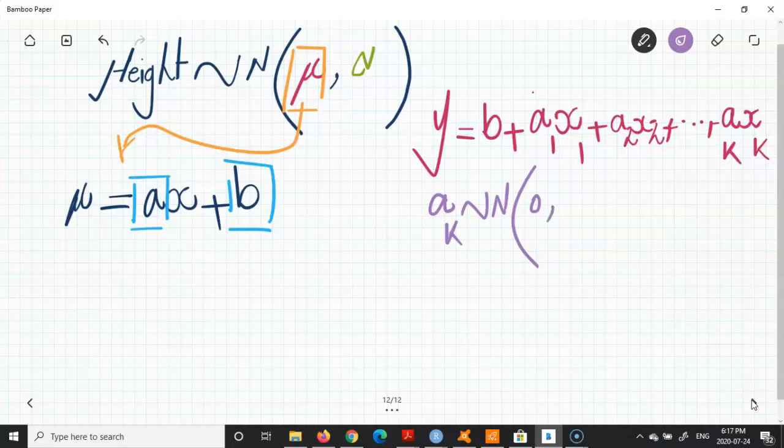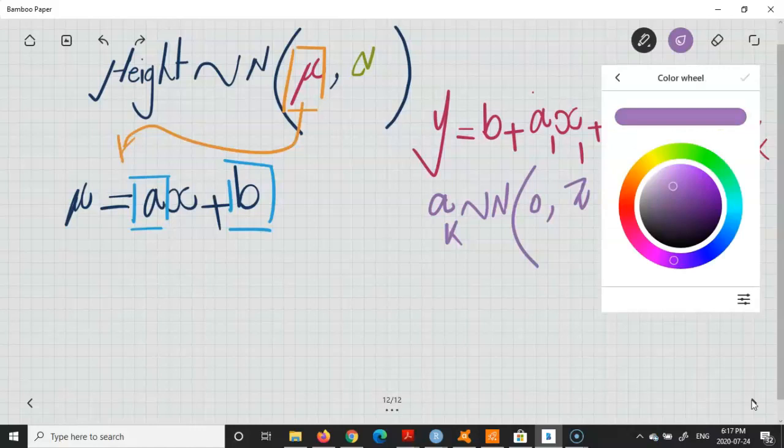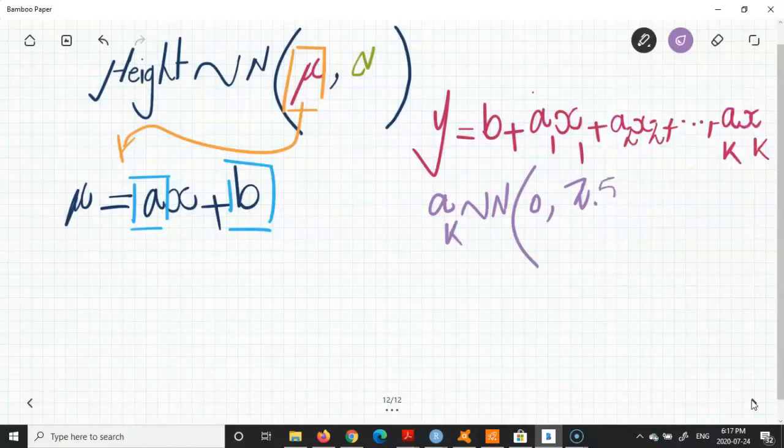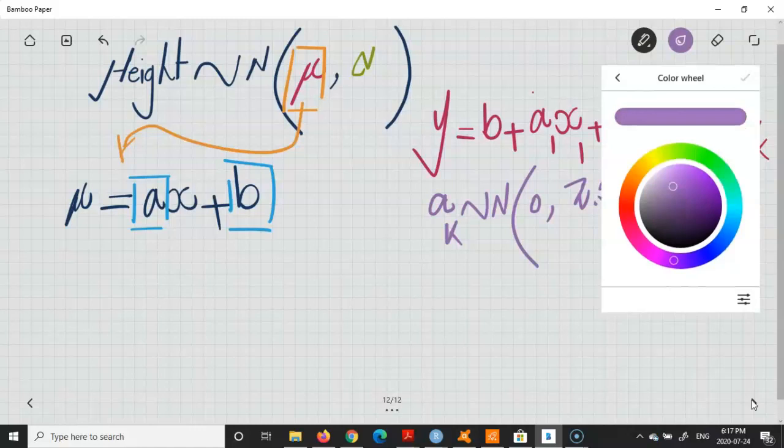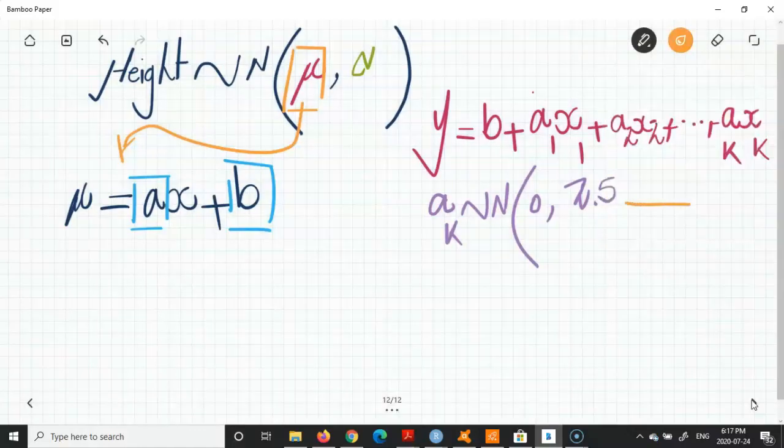However, for the sigma, the scale of that normal is going to be 2.5 multiplied by a ratio: the standard deviation of y divided by the standard deviation of our covariate x.